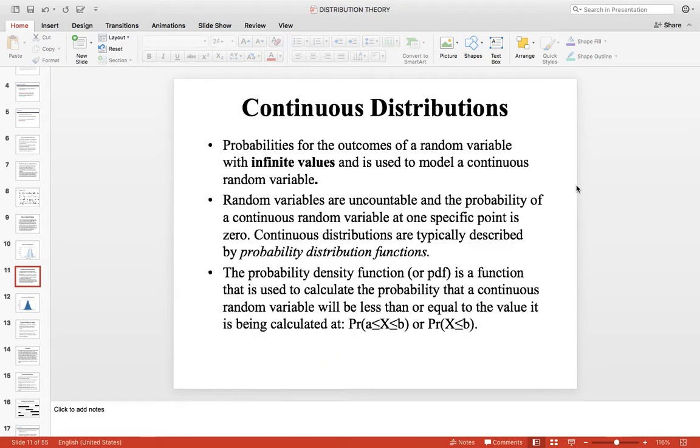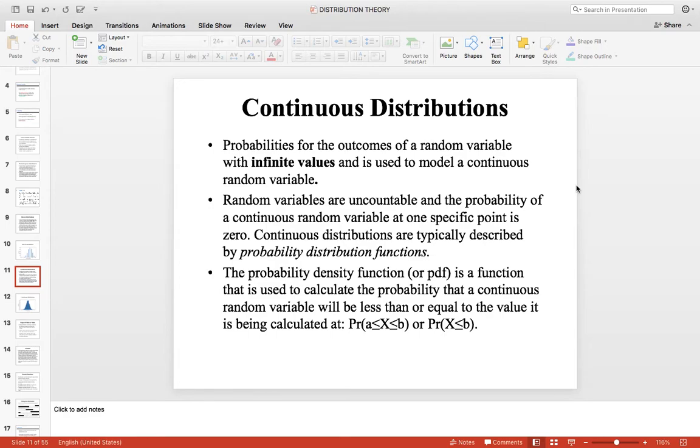As against discrete distributions, here we have what are called continuous distributions. They give the probabilities for the outcomes of random variables with infinite values and are used to model a continuous random variable.